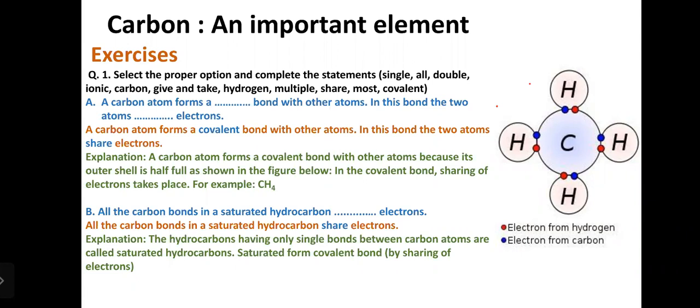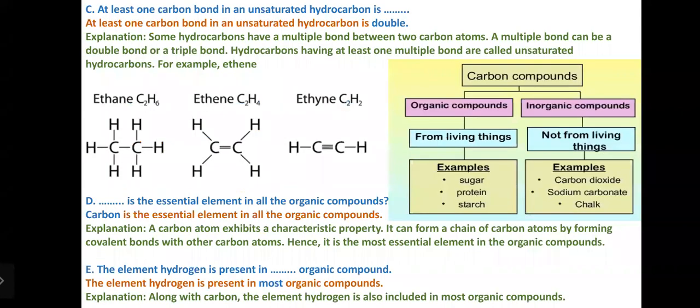Next, another question is C: at least one carbon bond in an unsaturated hydrocarbon is blank. According to the definition of unsaturated hydrocarbons, it must have two or more than two bonds.